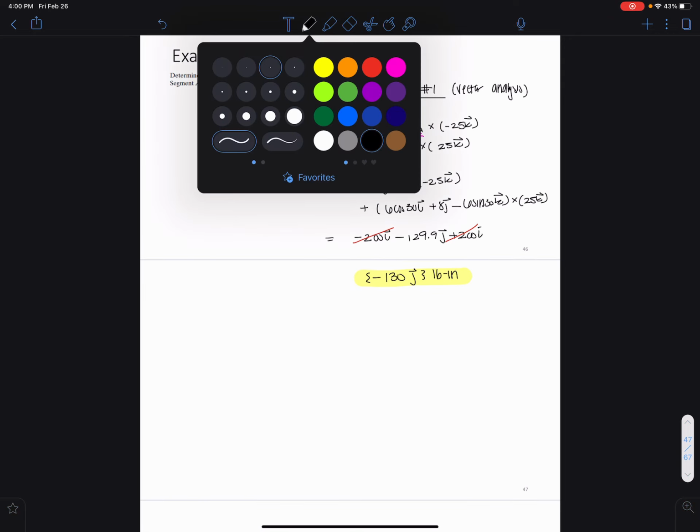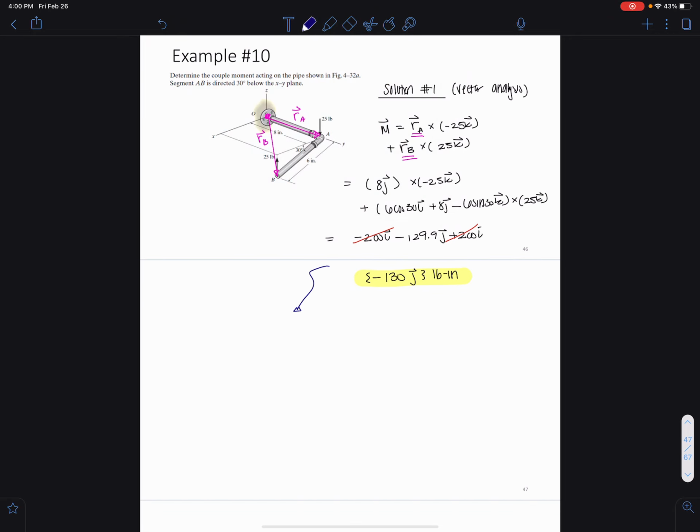But let's say instead of having to do these two separate analyses, I wanted to say my moment is equal to RAB cross the 25K, producing that rotation on the system.